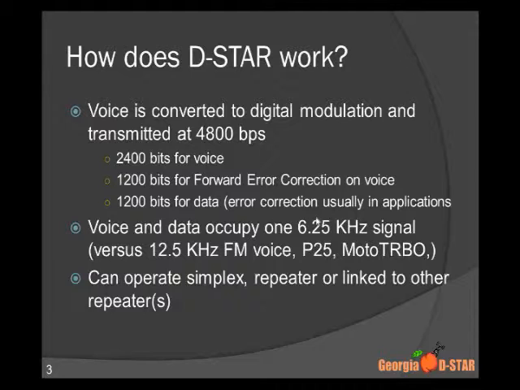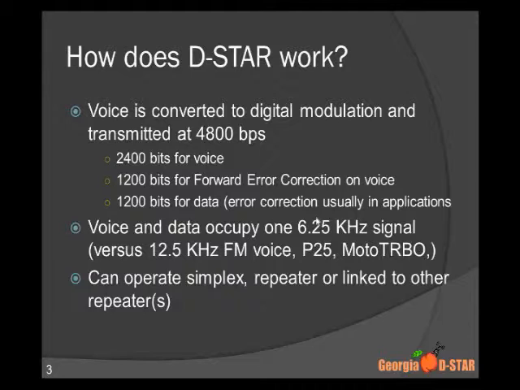So they call it 6.25 kilohertz equivalent. But for example, on the field side, the mobile or the handheld, they're only transmitting in 1 time slot, but it is still occupying the 12.5 kilohertz channel, just like FM voice.